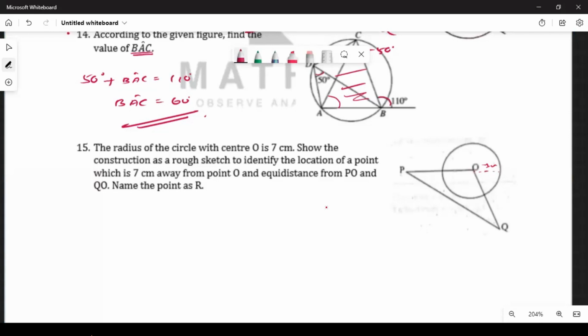We don't know where it is. To find the exact point, they have given another data. What is it? That point must be equidistant from PO and QO.